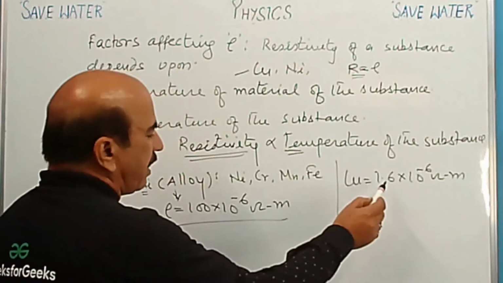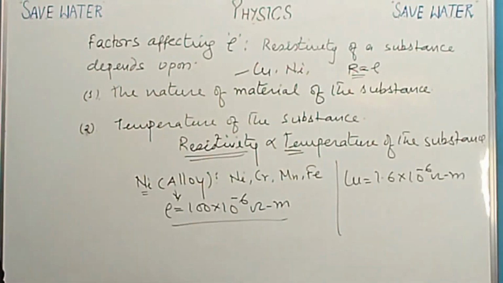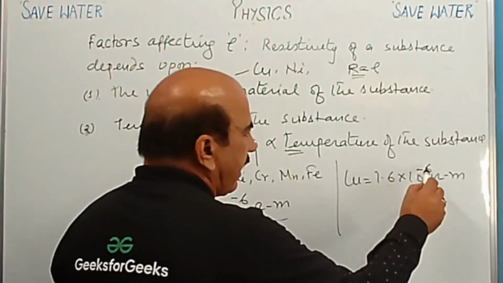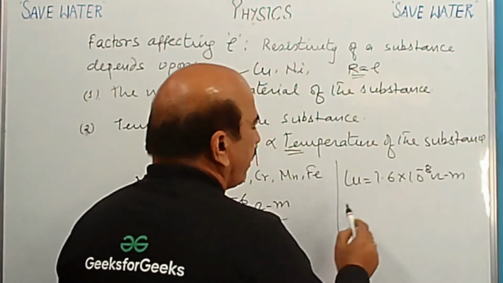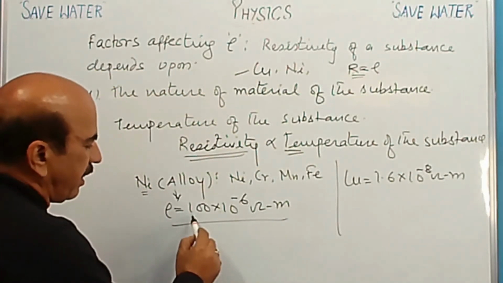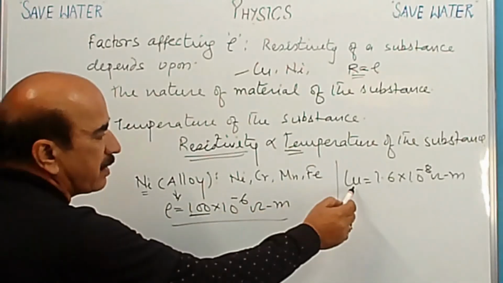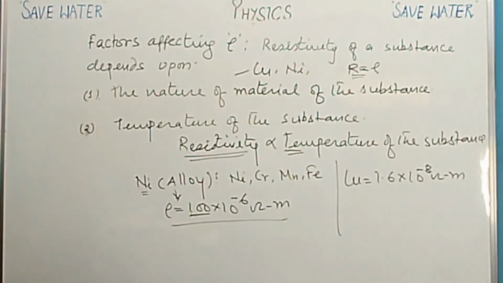So you can see it is very less in comparison to the resistivity of nichrome. Here it is minus 8 and there it is minus 6, and here it is 100. So the resistivity of copper is very less in comparison to the resistivity of nichrome wire.